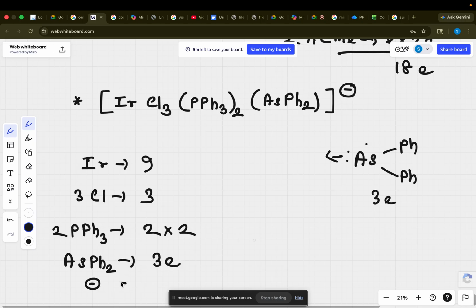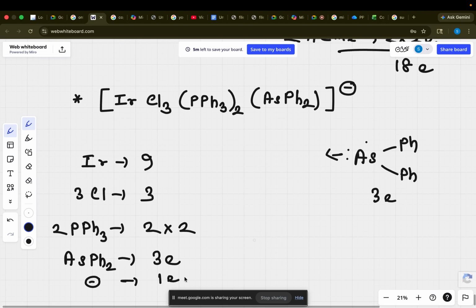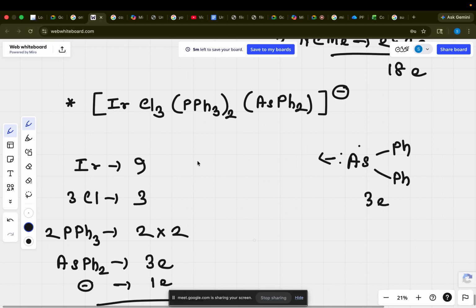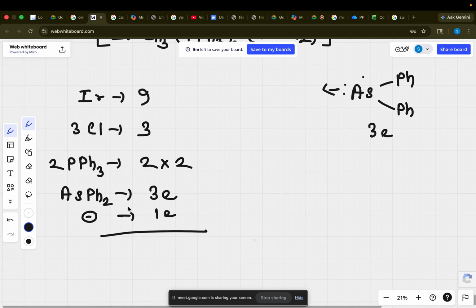So for this negative charge you will get 1 electron. So how much are we getting? 9, 3 is 12, 12 plus 4 is 16, 16 plus 3 is 19. Sorry, negative charge means you have to add 1 electron, right? So I have done something wrong.